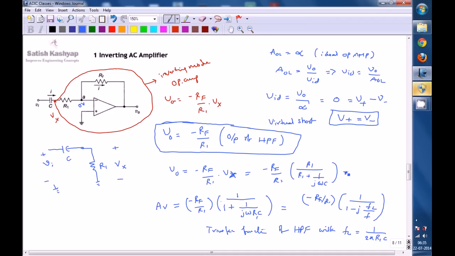V0 by V input is nothing but the gain. V0 by V input is the transfer function. The transfer function is nothing but gain. From this gain, if you go with the magnitude, you will get this equation.